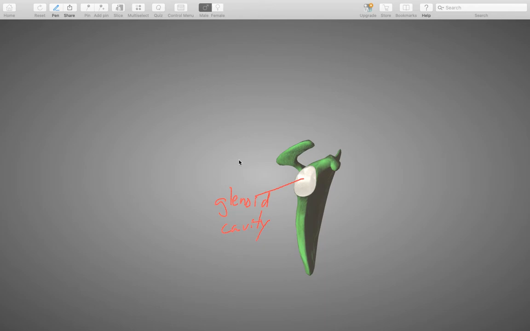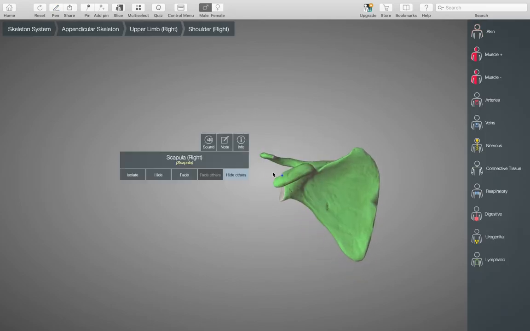That's where the head of the humerus, which we're going to talk about next, is going to fit in and create the joint of the shoulder. So we have the acromioclavicular joint here where the clavicle touches the scapula. We have the shoulder joint here where the head of the humerus attaches to the glenoid cavity of the scapula. So that's what I want you to know about the scapula.